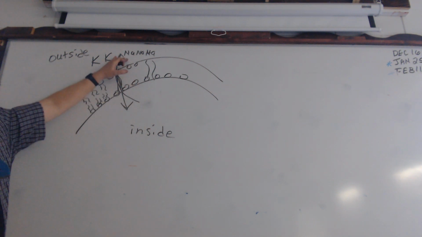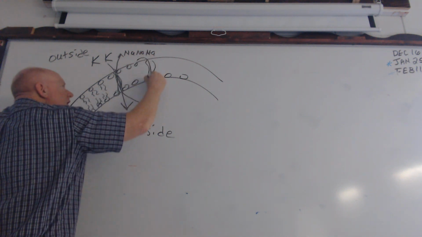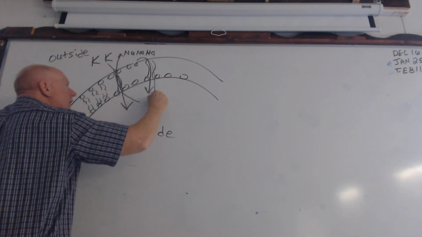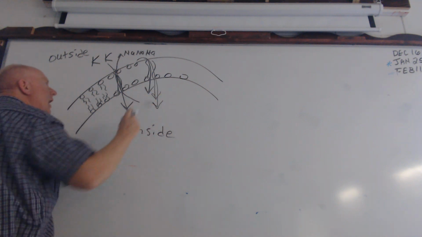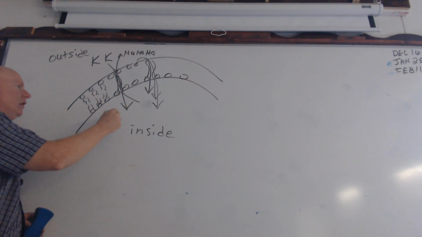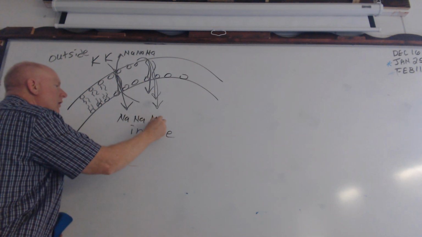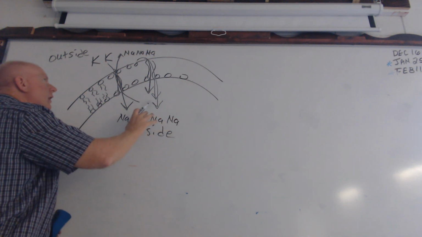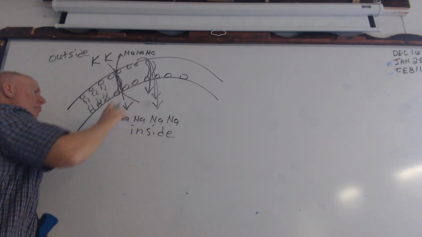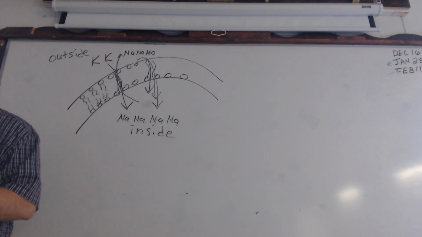So if it's high here, typically it goes from high to low, but this is then pumped back against its concentration gradient. Okay? Those 3 ions get pumped back in. Okay? Because there's still lots and lots of sodium inside of here. That's just one way to look at it. Sodium is always pumped back against its concentration gradient. Okay? And there's a diagram of that.